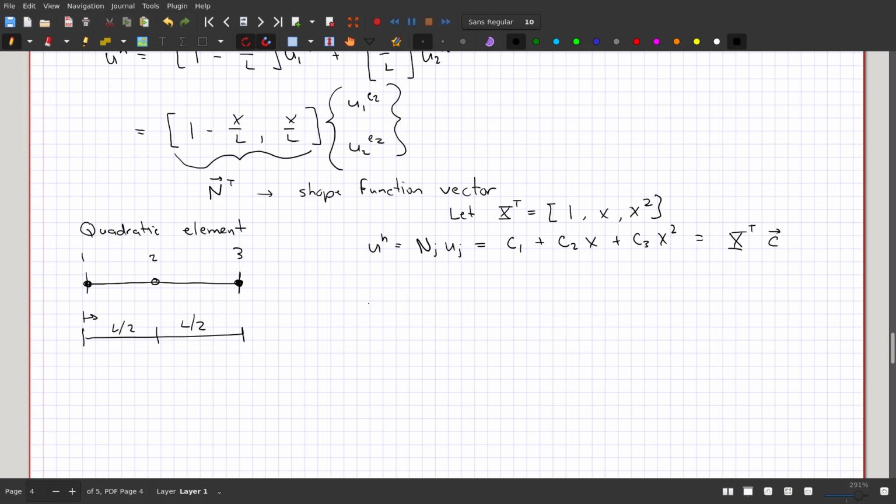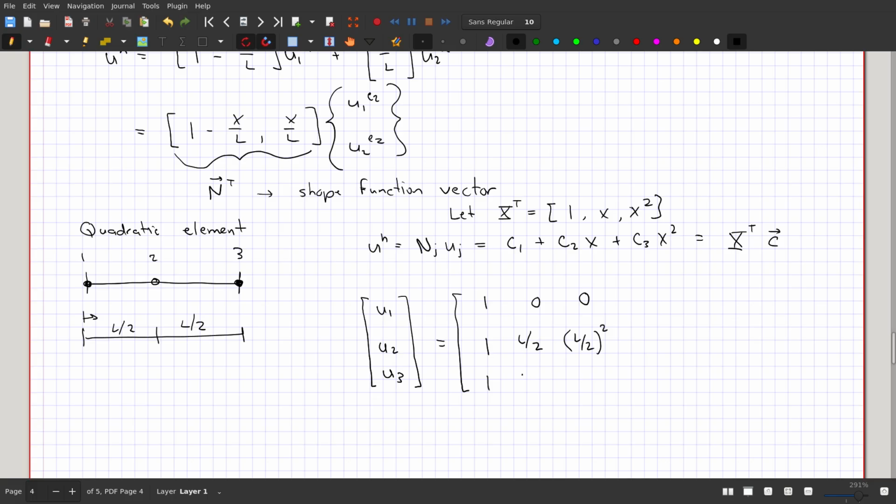Okay, if we did that, what we would get is u1, u2, u3 equal to the matrix with rows 1, 0, 0; 1, L over 2, L over 2 squared; 1, L, L squared; times C1, C2, C3.